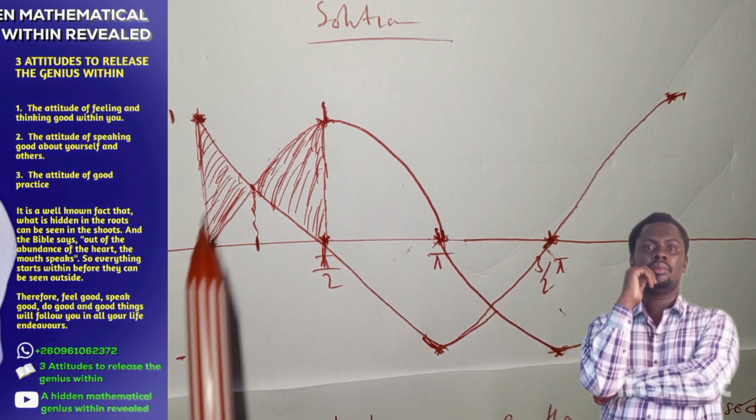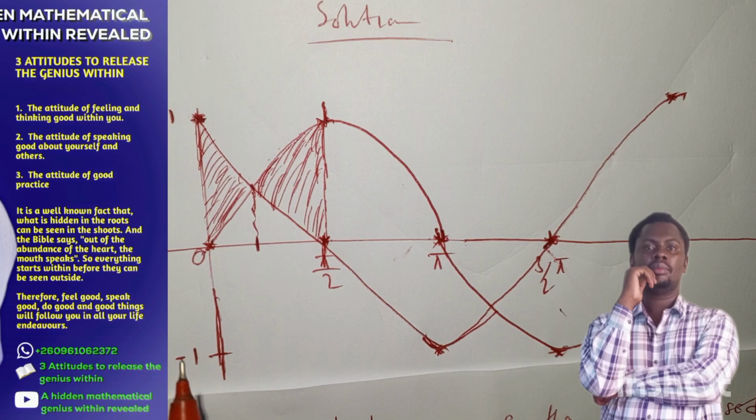It means this is the point where cos x is equal to sine x, and we know that when cos x is equal to sine x, then the angle should be 45 degrees, that is pi over 4. Sine pi over 4 is equal to cos pi over 4.